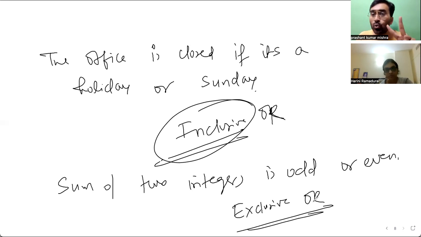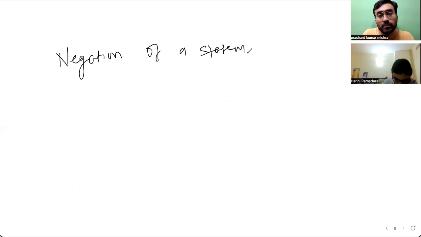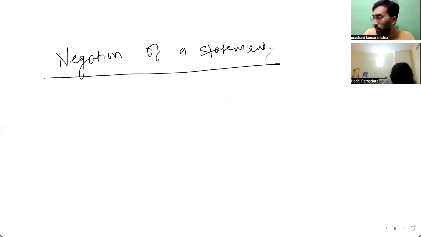So we have done two connectors, and and or. We are done with that. Two more are left. Not is not a connector. What is not? That is a different topic: negation of a statement, just converting it to negative.